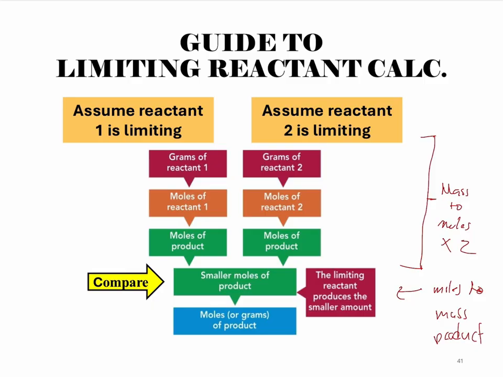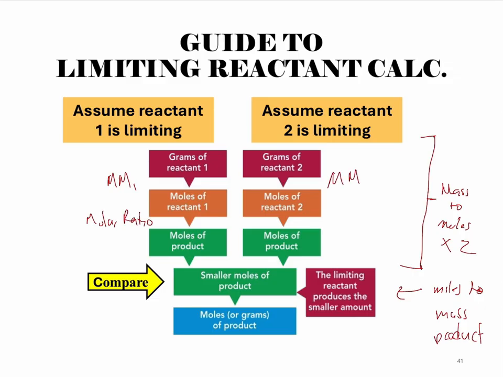And so when we're going from grams of reactant 1 to moles of reactant 1, what do we use there? We use the molar mass, right? This is the molar mass of reactant 1. Then we use the moles of reactant 1 to go to moles of product. What do we use to do that? The molar ratio. Whenever we're going between moles and moles, we use the molar ratio, right? And then on the other side, it's the same thing.